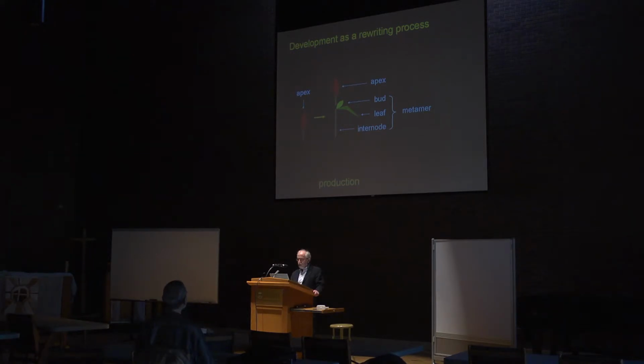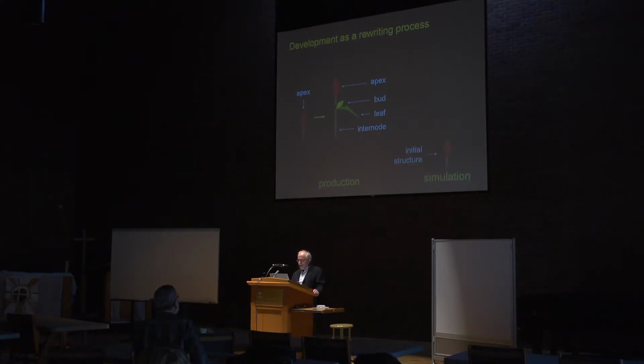The apex produces an apex and a metamer. Basically it creates a metamer and reincarnates itself above, and the metamer is a structure which consists of an internode and a leaf, one or more, and buds, one or more, subtended by these leaves.